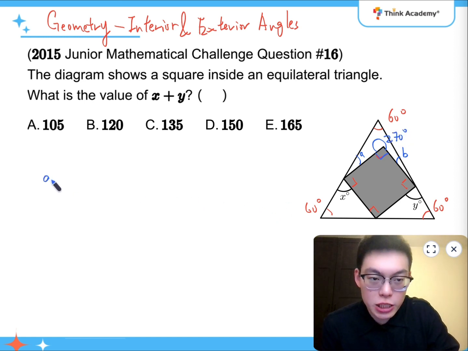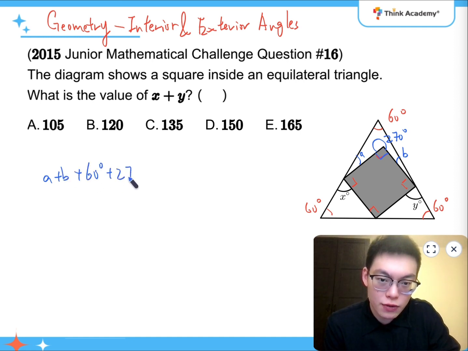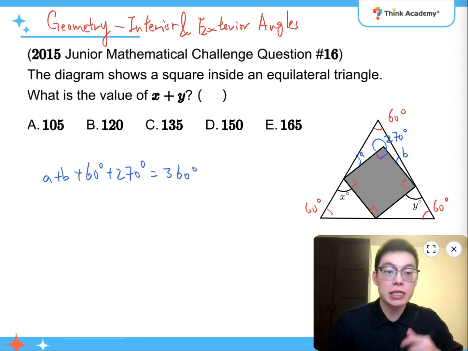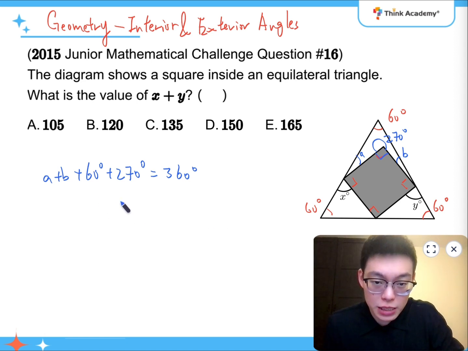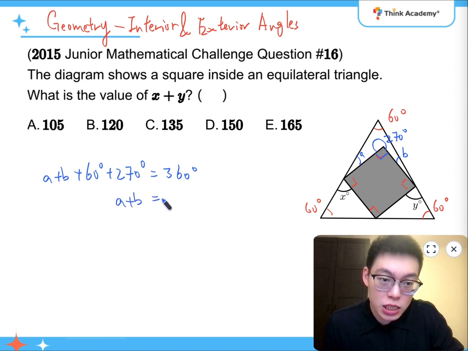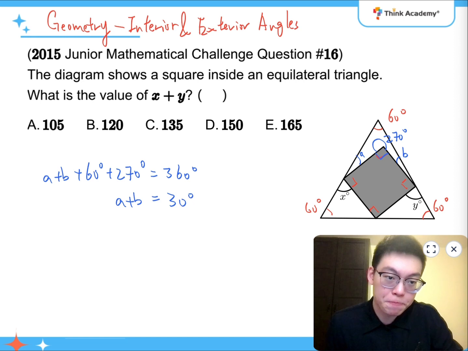Now we have an equation, A adding B, adding 60 degrees, adding 270 degrees is 360 degrees, because that's the sum of interior angles for a quadrilateral, which means that A adding B is equal to 30 degrees.